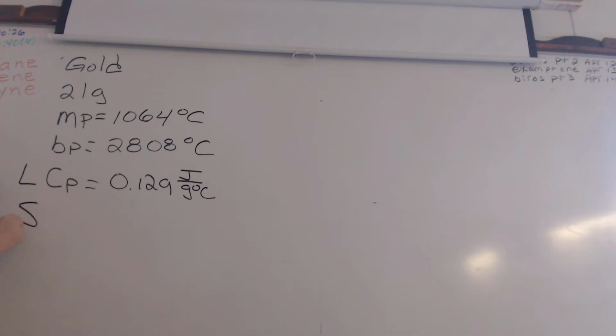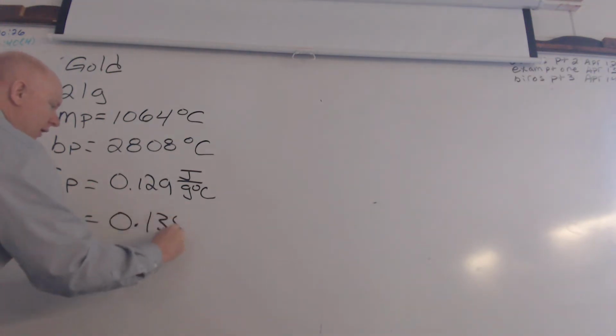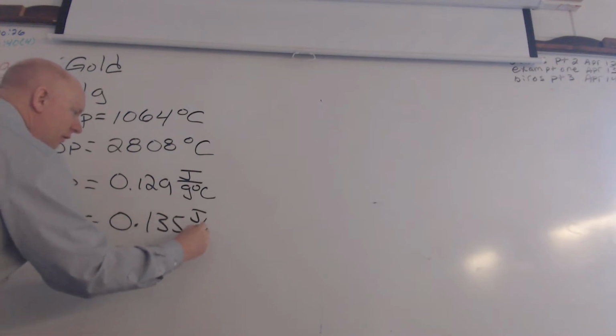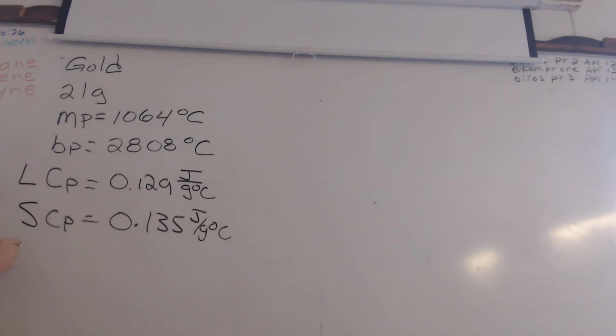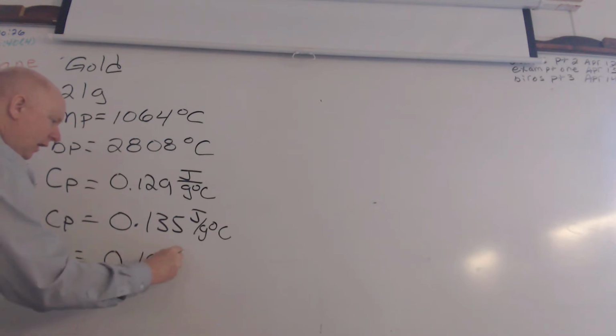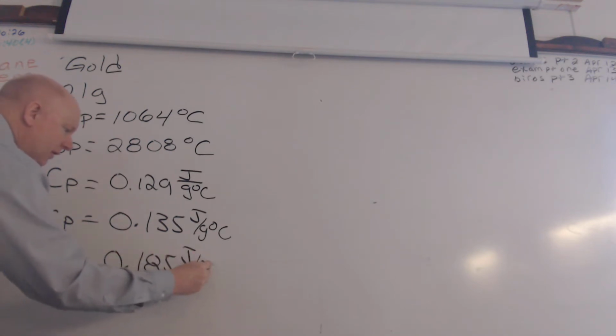For solid, the specific heat is 0.135 joules per gram degrees Celsius. And for gaseous gold, the specific heat is 0.85 joules per gram degrees Celsius.